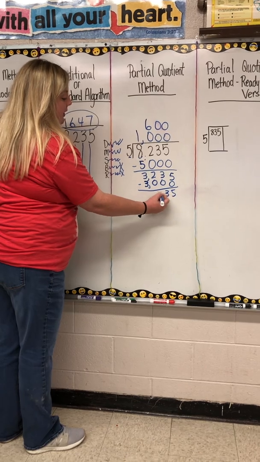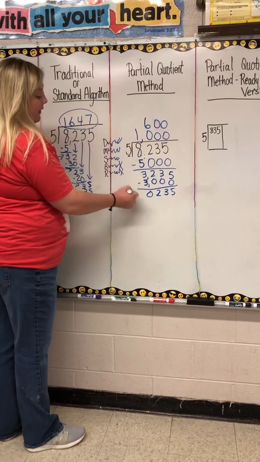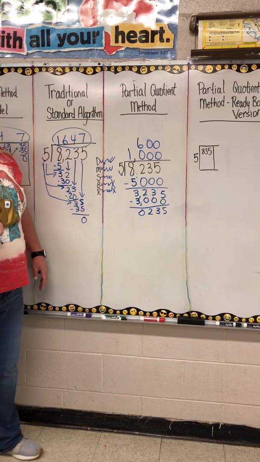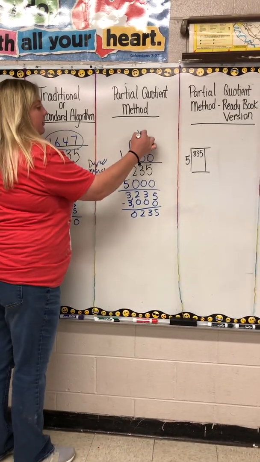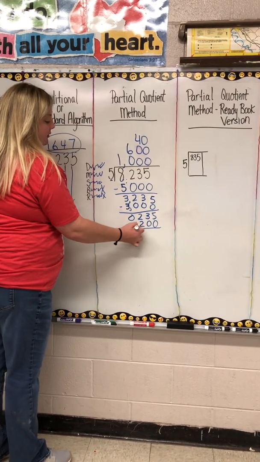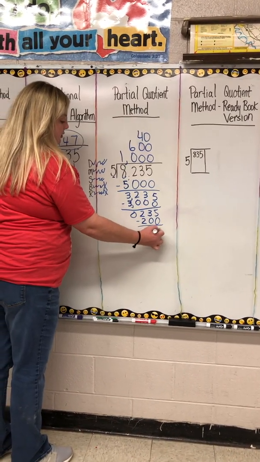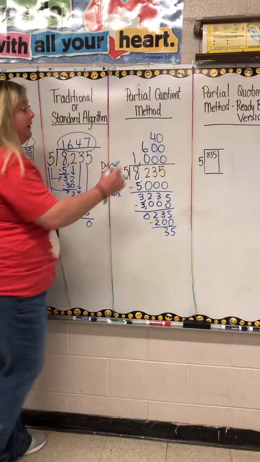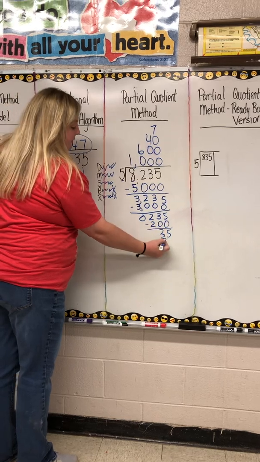And I subtract those. And now I'm left with 5 into 235. And I'm thinking the closest thing I can come up with is 40. 40 times 5 is 200. And then I'm left with one last step. I know 5 will go into 35 7 times.